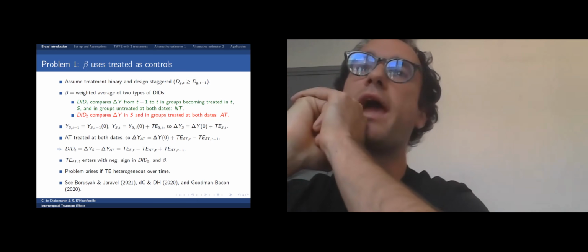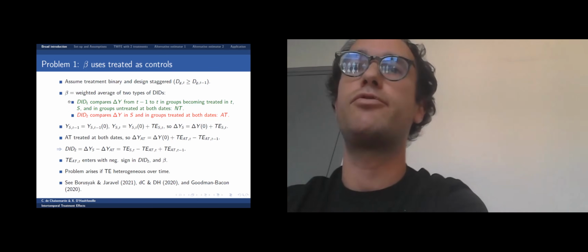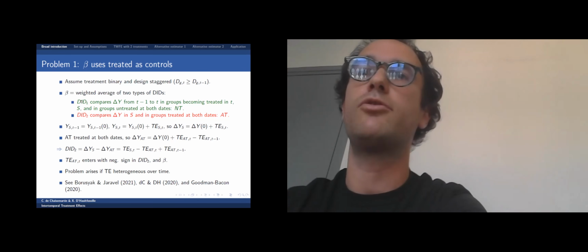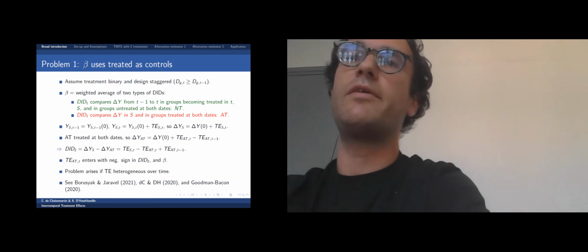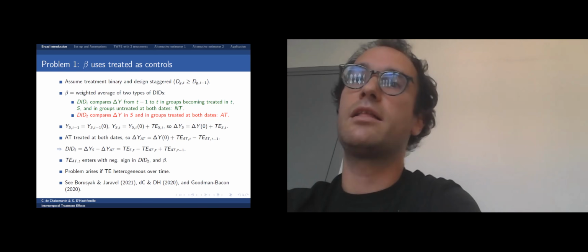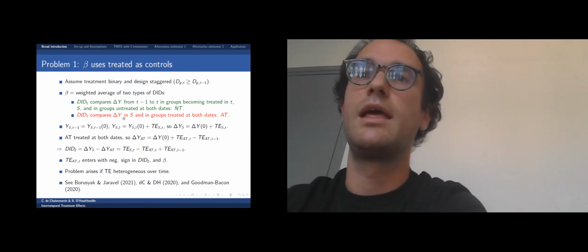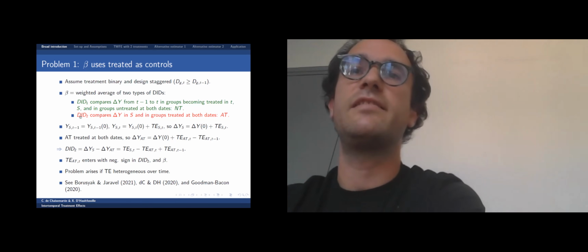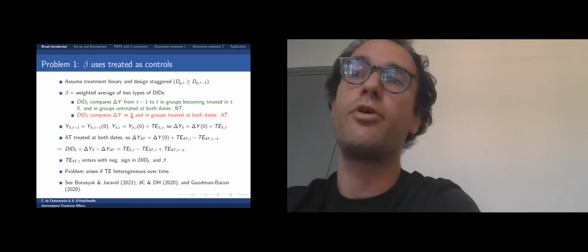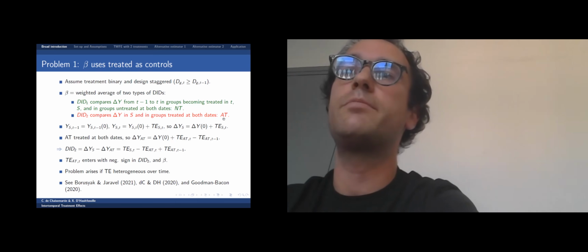So in the case where the treatment is binary and the design is staggered, beta is a weighted average of two types of diffs-in-diffs. Clean diffs-in-diffs, the ones in green, that compare the outcome evolution between groups becoming treated at t and groups untreated at both dates, the never treated. And non-clean diffs-in-diffs, the ones in red, that compare the outcome evolution of those switching groups, the switchers that become treated at t, to groups that are treated at both dates.